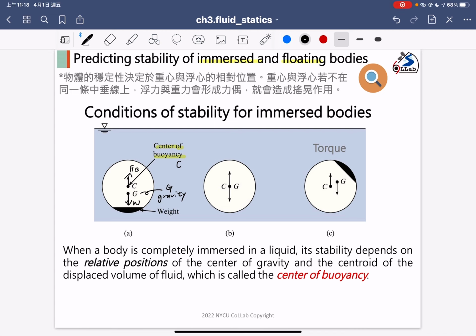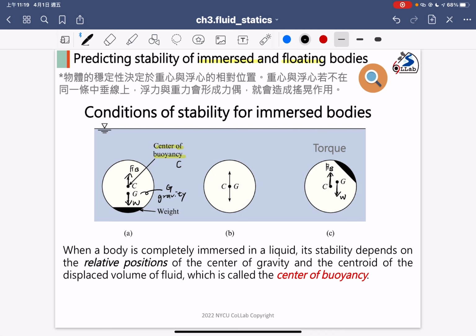But if we see the right condition, we have G going down again, and then we have the buoyant force going up. But the two forces don't lie on a single line. So there should be some moment.